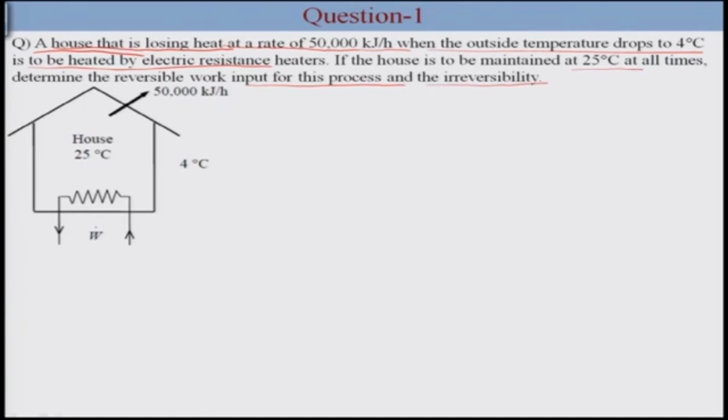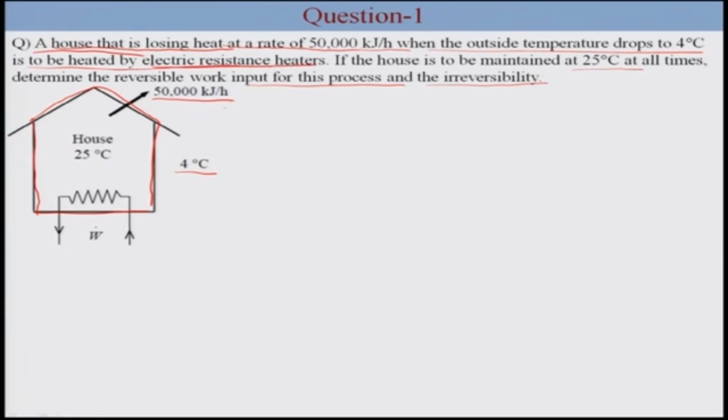So this diagram shows the house which is maintained at 25 degrees Celsius and it is losing heat at a rate of 50,000 kilojoule per hour, and the surroundings or the outside temperature is maintained at 4 degrees Celsius. Now it is heated using an electric resistance heater.